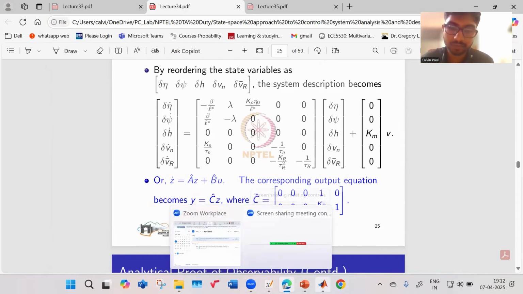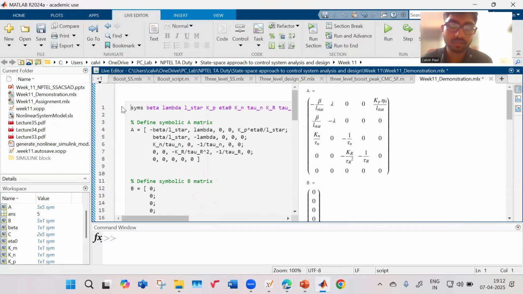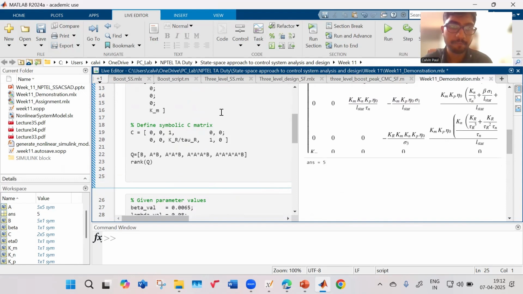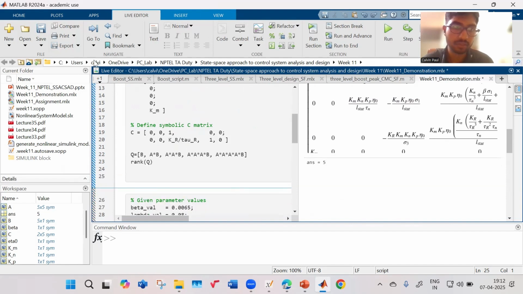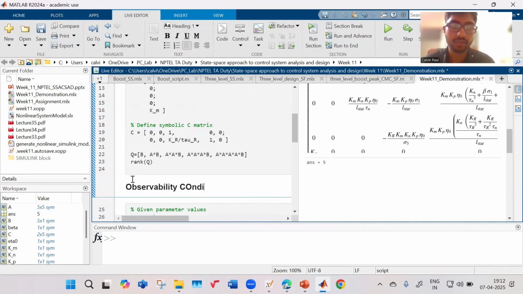Let us do the whole linearized nuclear model. Now, the observability condition. We will try to find it.